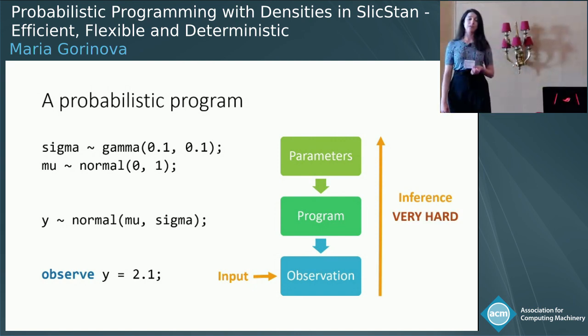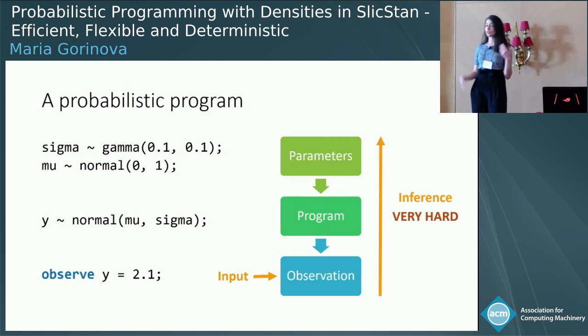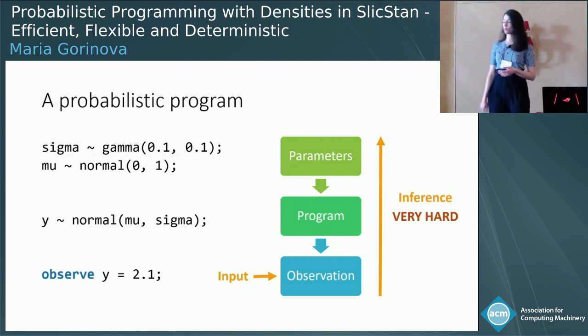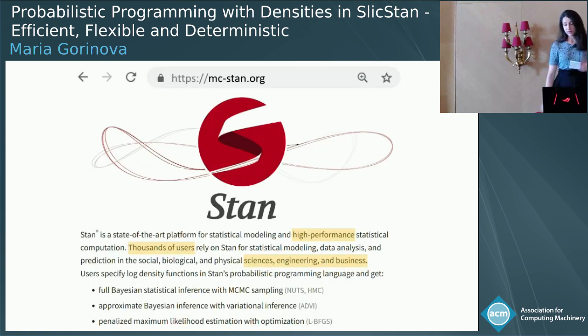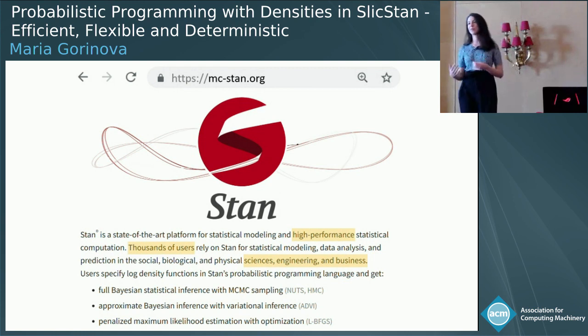I'm not going to say much about that in this talk, except that it's very hard. Inference is quite difficult, and there is a lot of work in the statistics and the machine learning community which tries to make inference algorithms faster, tries to make them more general, to work for a bigger class of models, and so on. One community where such probabilistic models are used a lot is in statistics.